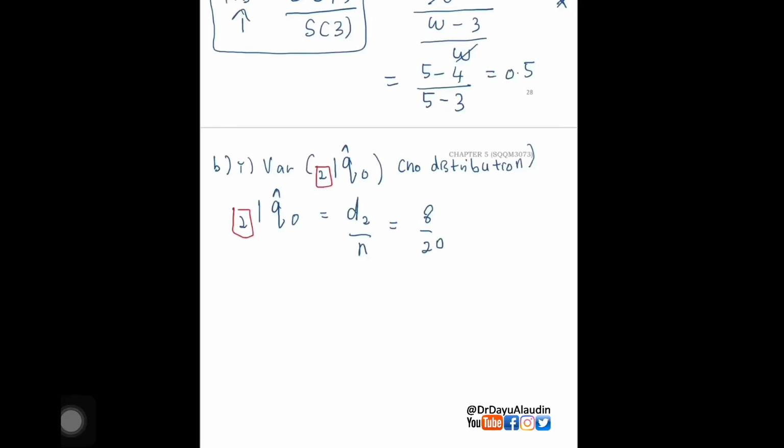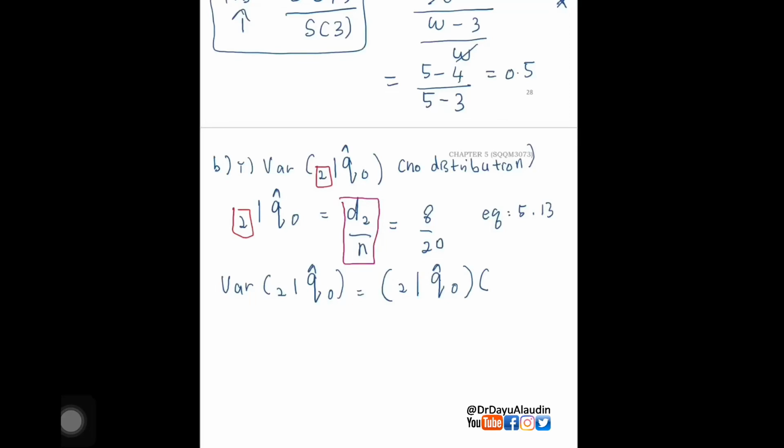So 8 over 20. This is equation 5.13, you can refer back. Then you find the variance. The difference between A and B is only how to find this one. For A we use De Moivre's law, and this time there is no distribution, so we use the proportion.